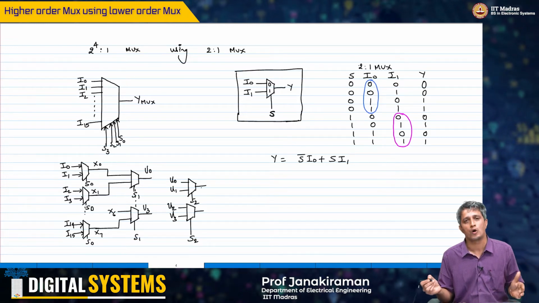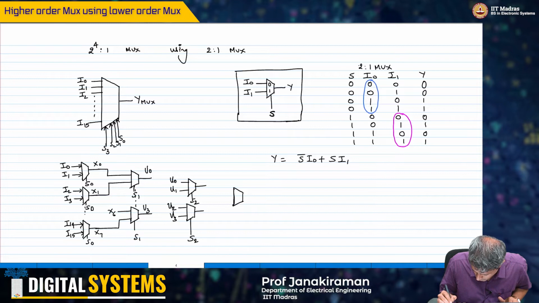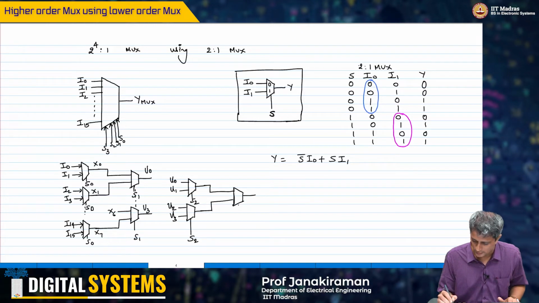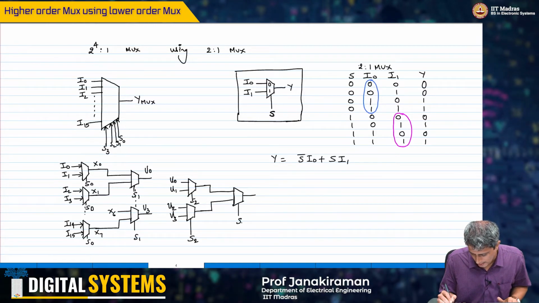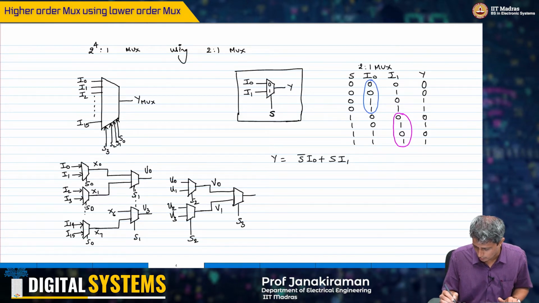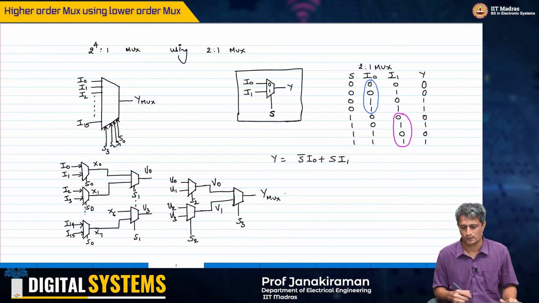Finally, I have 2 outputs that I need to pick from, and that is going to give me the last stage. This is going to be select line S3. So this will give me V0, V1, and finally I'll get YMUX out here.